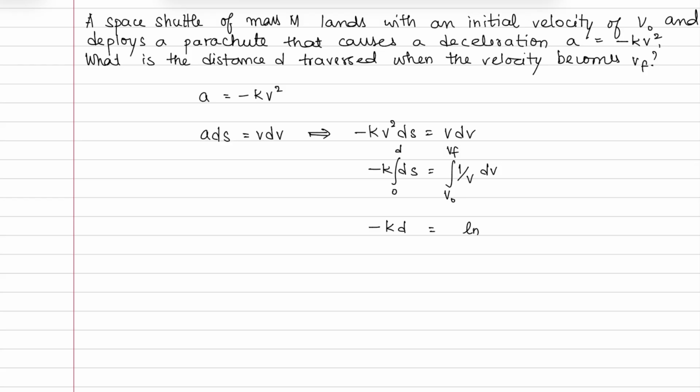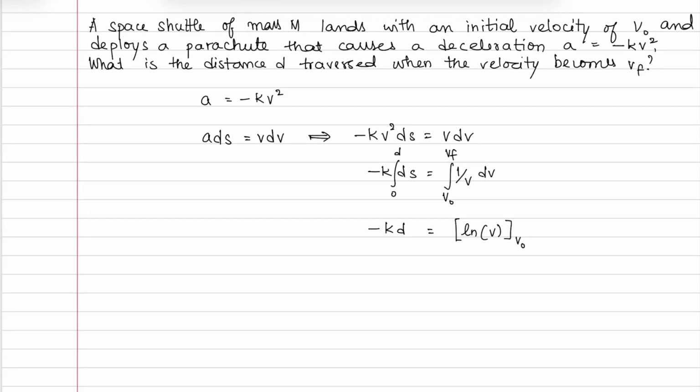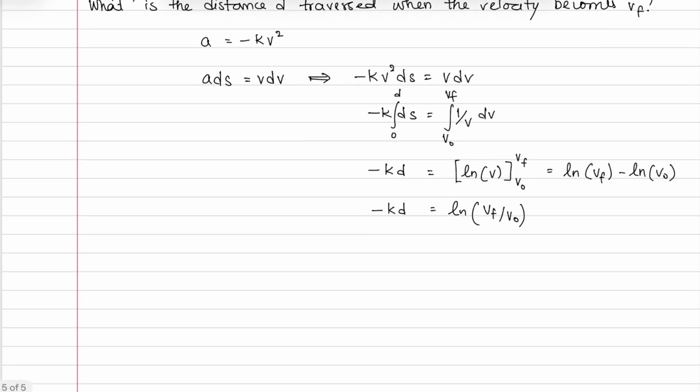This is ln of v going from v0 to vf, which will give you ln of vf minus ln of v0, and using the logarithmic properties, you will get ln of vf over v0 is minus kd, giving you finally d is equal to minus 1 over k ln of vf over v0.